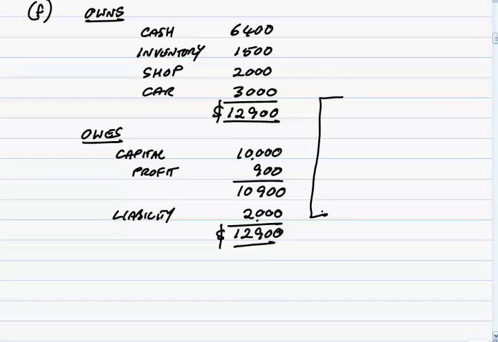And how can we check? Surely that profit must be the difference between what we paid for the goods and what we sold them for. So what did we sell them for? We sold the goods for 2,400. What did we pay for them? Well, we had the cost of sales, sorry.